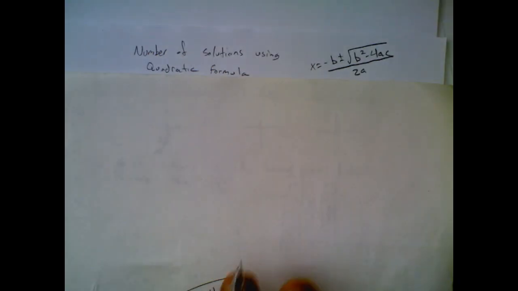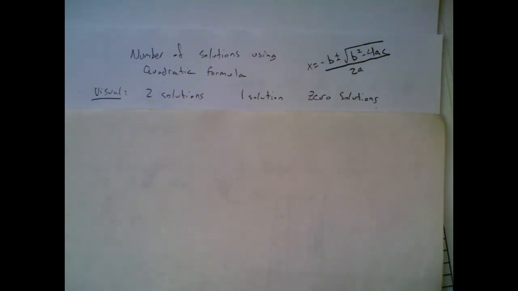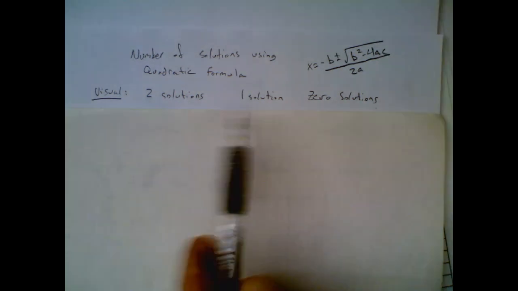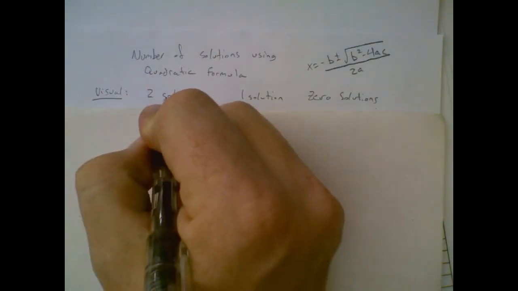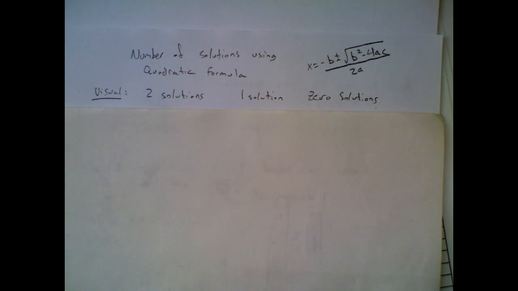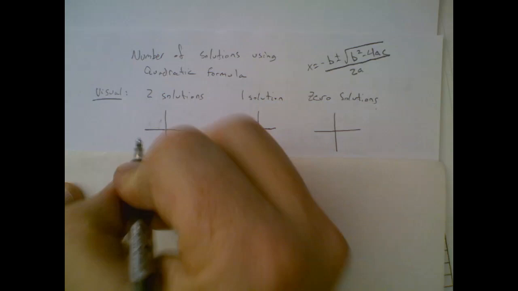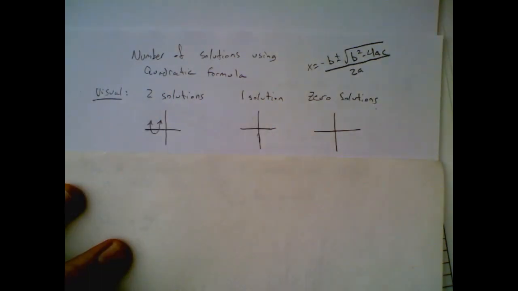So we're going to go to some visuals. Remember our three types of solutions: two solutions, one solution, and zero. So thinking of graphs, what would a two solution graph look like, a one solution, or a zero solution? Two solutions is a graph that crosses the x-axis twice.